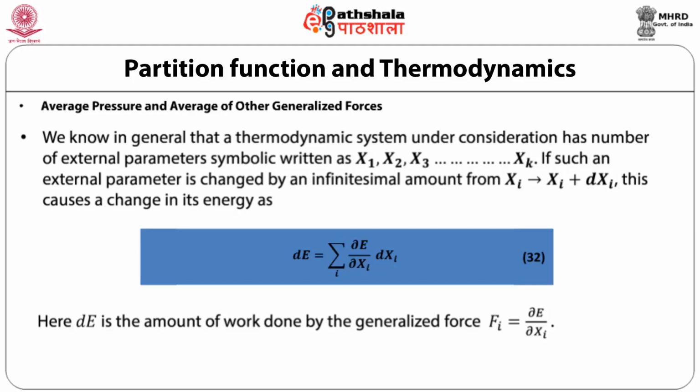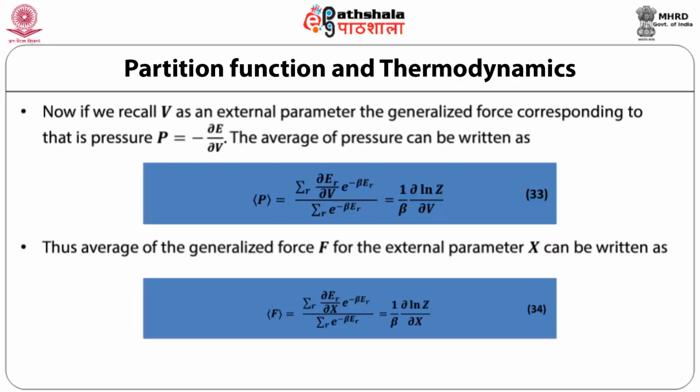Here, dE is the amount of work done by the generalized force Fi, equal to the partial derivative of E with respect to xi. Now, if we recall V as an external parameter, the generalized force corresponding to that is pressure, P is equal to minus the partial derivative of E with respect to V.